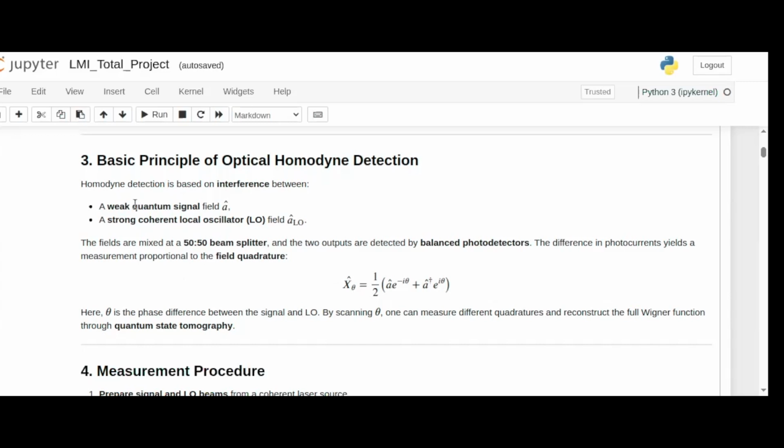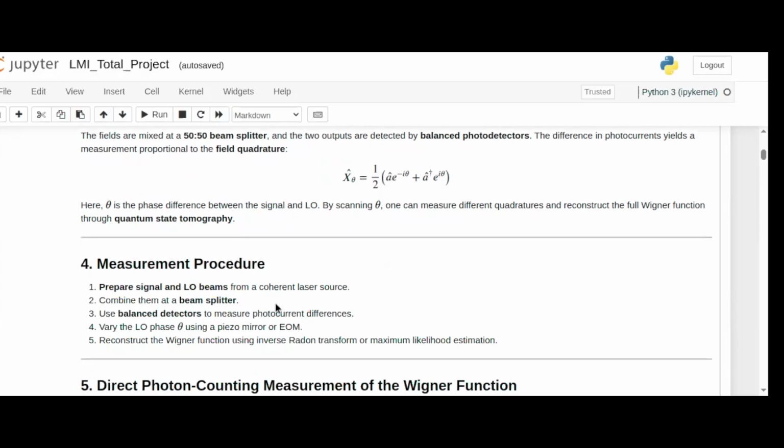As I said, there is a weak quantum signal, A hat, and there is a strong local oscillator. So theta is the phase between these two signals. Varying theta measures the quadrature and we reconstruct the full Wigner function through state tomography. The measurement goes like this: signal and local oscillator from a coherent laser source.